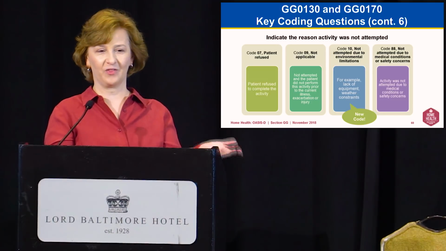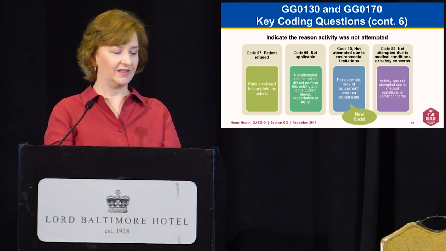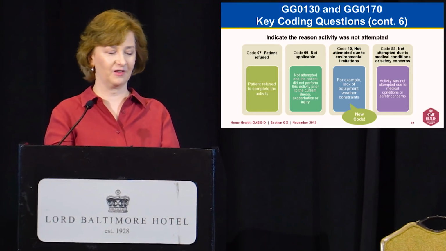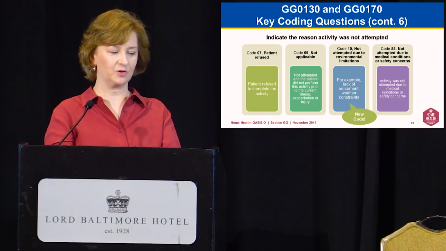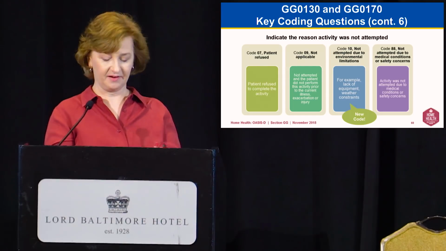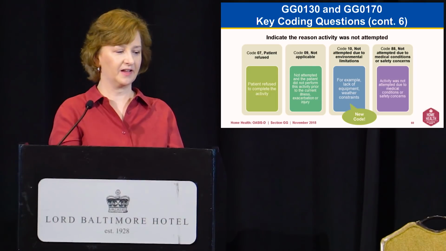And so weather constraints certainly is part of environmental limitations. Lack of equipment, for example, not having a car to be able to transfer into. But I wouldn't expect, for example, code 10 to be used for eating. So again, probably not going to be used that much, but an important code, I think.